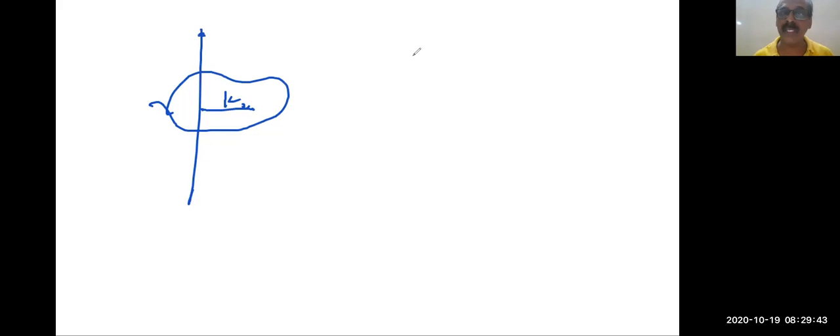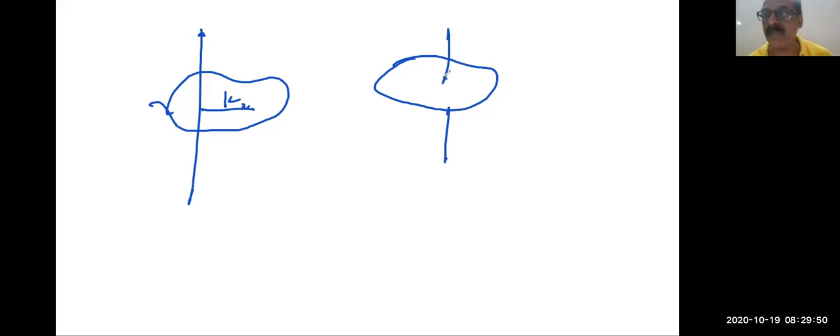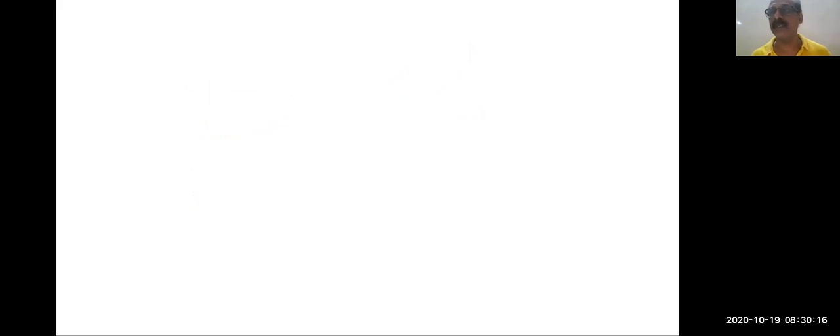If the axis passes through the center of mass, this formula we cannot apply because K value will be 0. Then we cannot say moment of inertia is 0. For that, there are other formulas we have to develop. Clear?